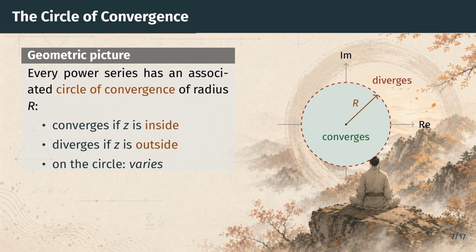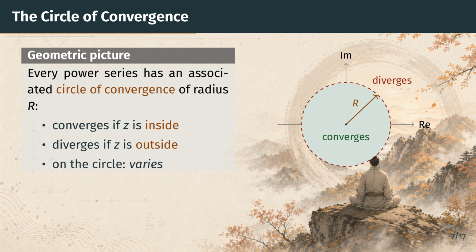Now, why should the good region be a perfect disk in the first place? The reason is simple but important. The size of each term, the absolute value of c sub n times z to the n, equals the absolute value of c sub n times the absolute value of z raised to the n. So a term's magnitude depends on z only through its distance from the origin, never its direction.